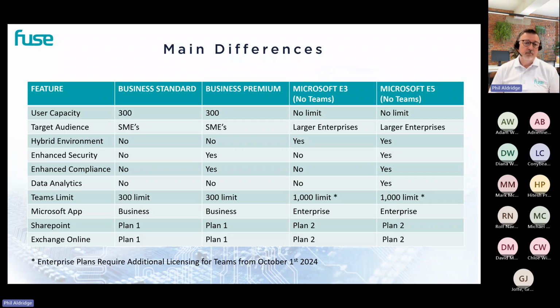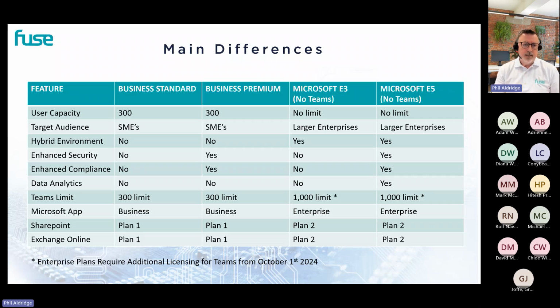You probably get the same OneDrive limit, but you might have different SharePoint limits. So SharePoint and Exchange are really about capacity. Again, you can buy additional storage capacity for your business premium licenses for OneDrive and SharePoint if you want to. So it's not completely restrictive.